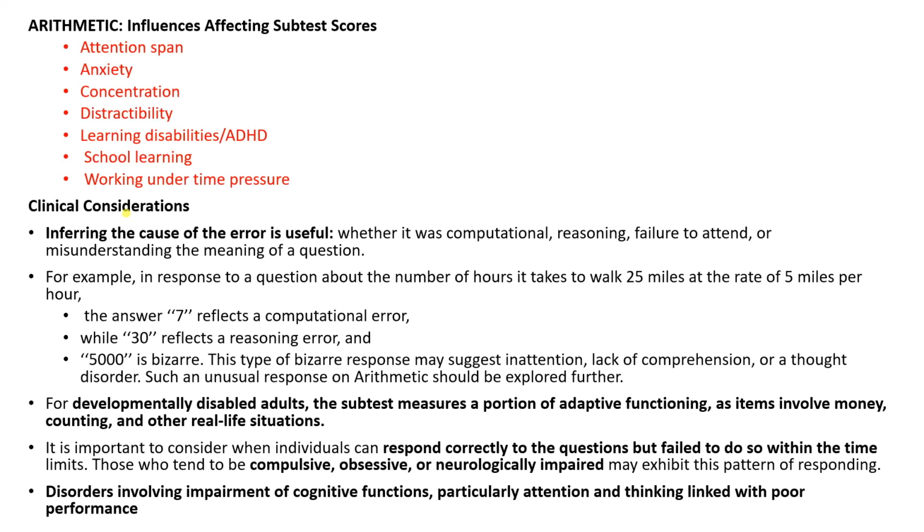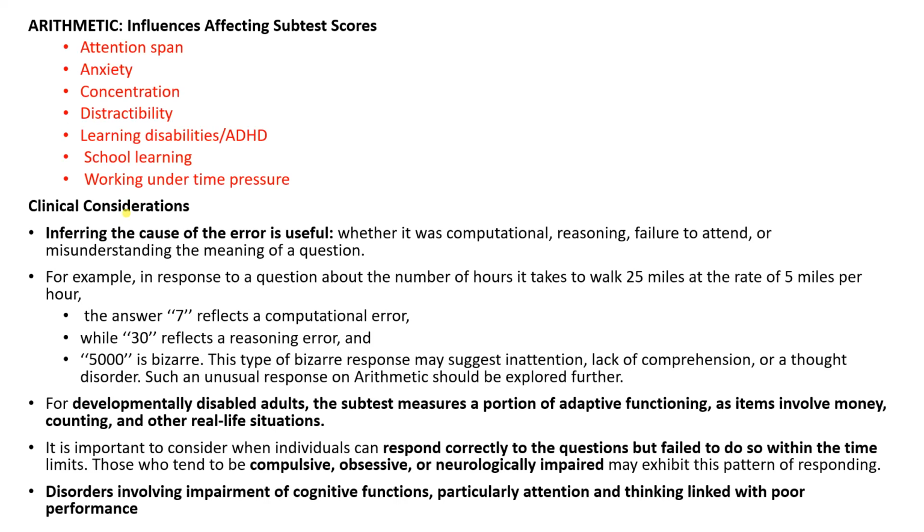So, whether it was a computational error or a reasoning error or failure to attend or misunderstanding the meaning of a question, likewise, I am giving just one example to make it clear. For example, in response to a question about the number of hours it takes to walk 25 miles at a rate of 5 miles per hour.